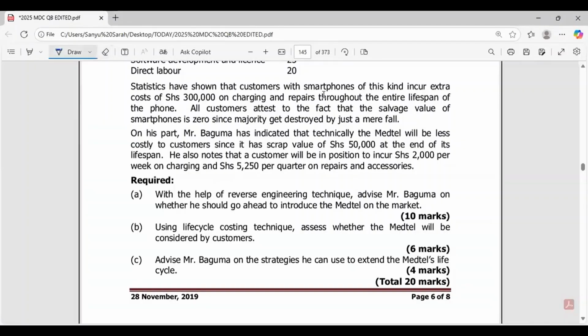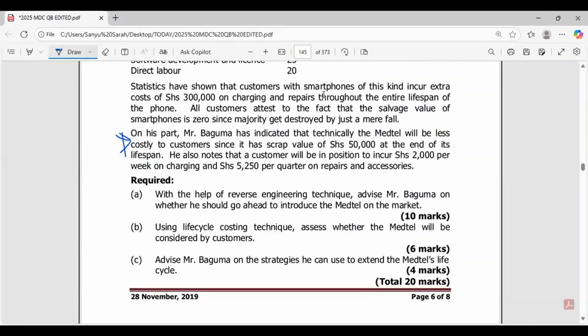Mr. Baguma has indicated that technically the Meditel will be less costly to customers since it has a scrap value of 50,000 at the end of its lifespan. He also notes that a customer will incur 2,000 per week on charging and 5,250 per quarter on repairs and accessories.